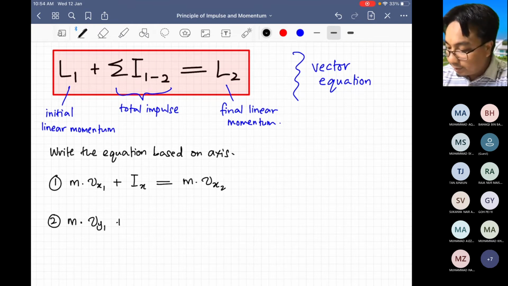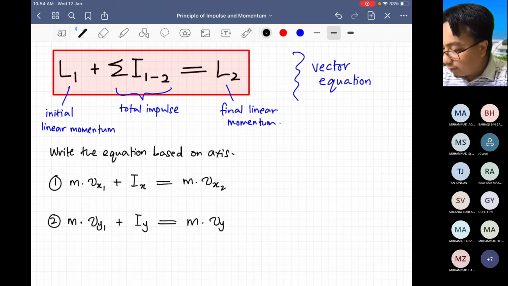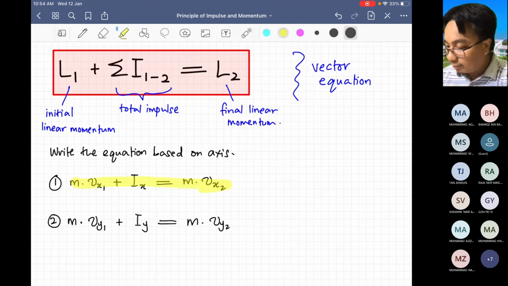Okay, plus iy, impulse in y-axis, sama dengan m times vy2. Right? So you have to remember these two equations sahaja. Okay, these two equations. Ini yang pertama dan ini yang kedua.